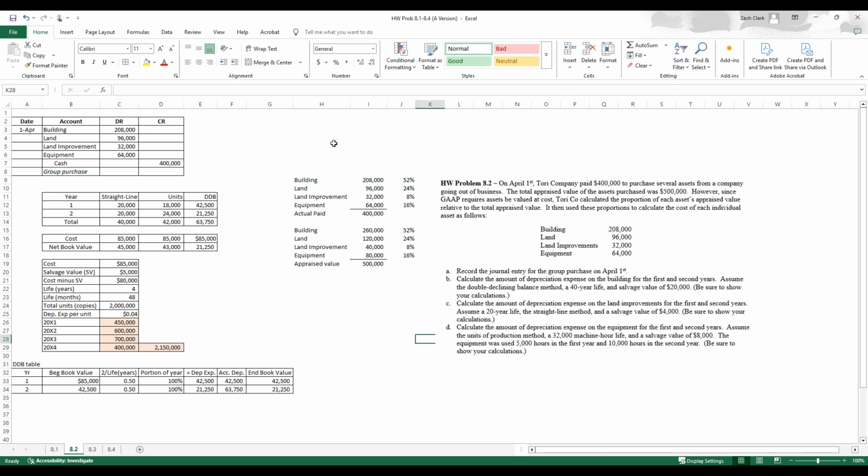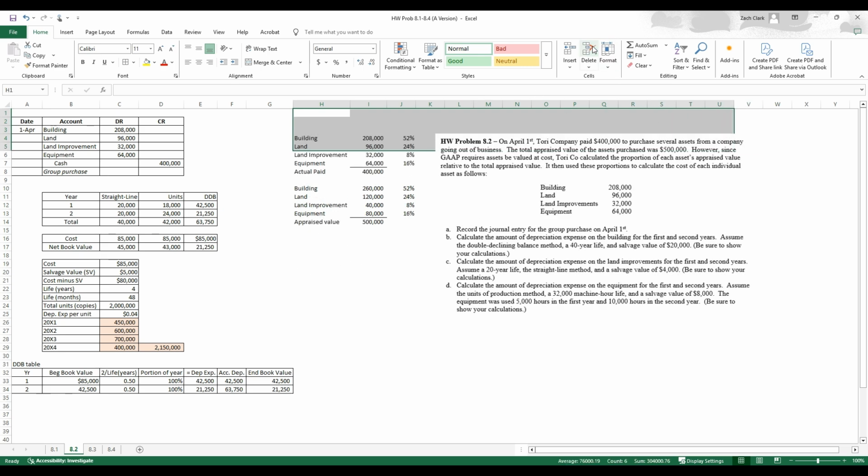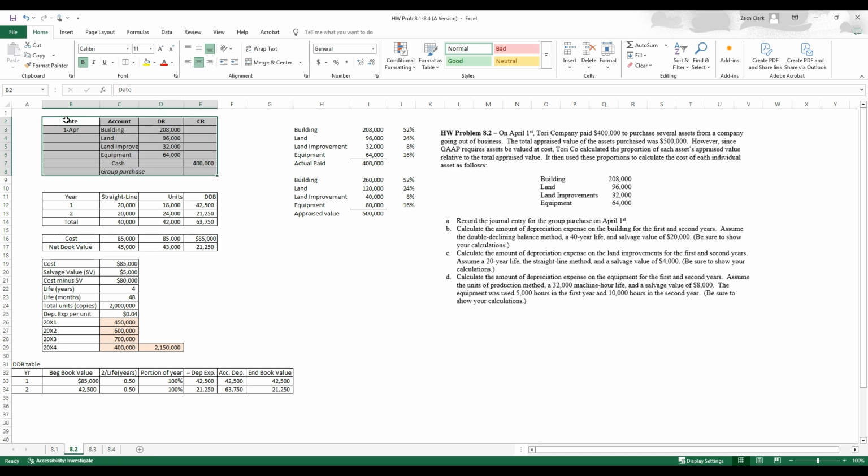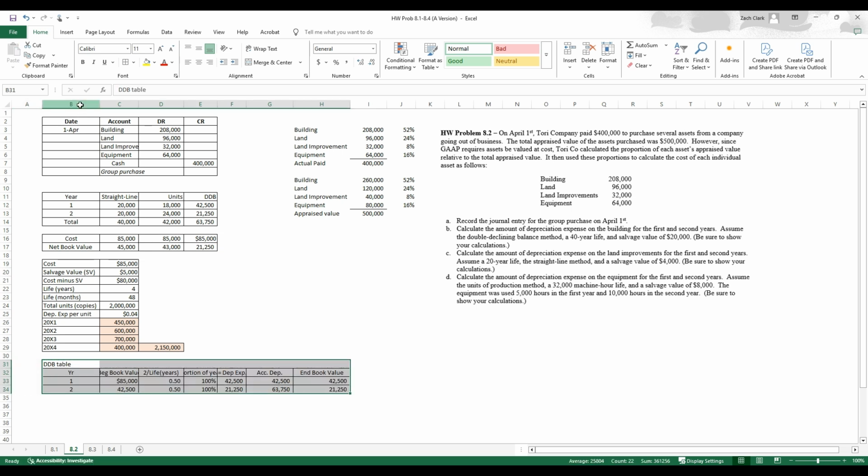I'm just kind of reorganizing things here. And then I'm going to delete these to bring these up, because I want the journal entry to be first, and then we can deal with each of the 3. And just for the sake of making this look cleaner, I'm going to paste it over like that. Okay. Sorry, let's do the same thing here just to kind of clean this whole thing up.